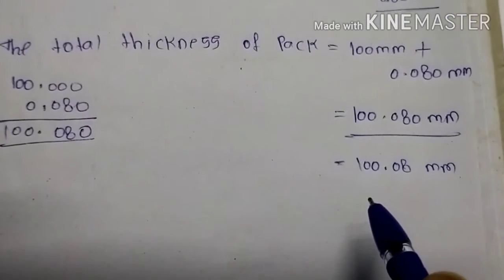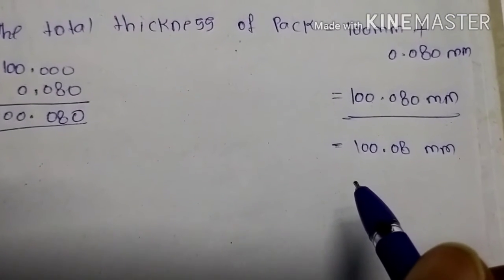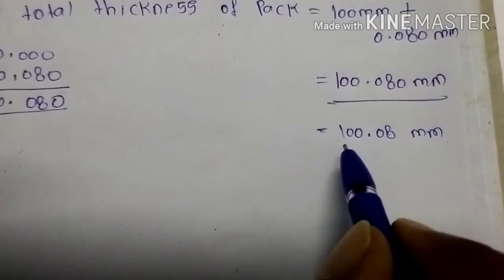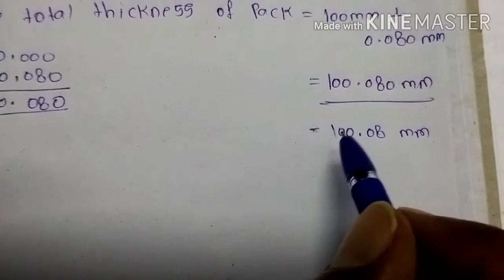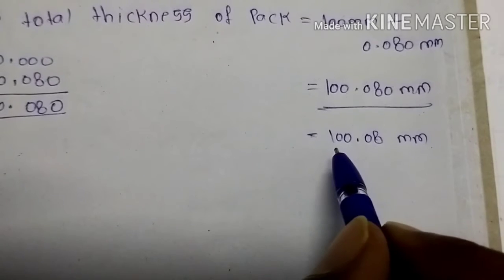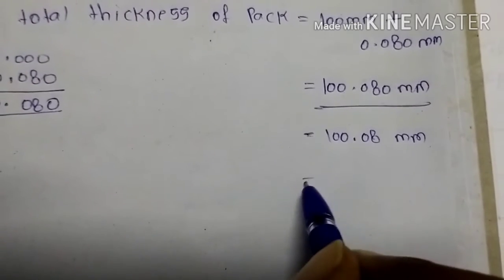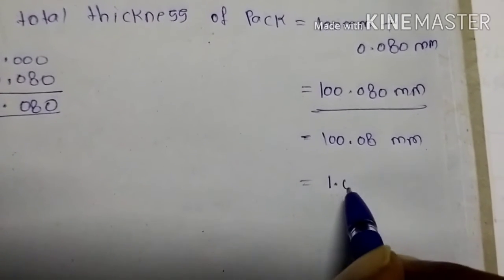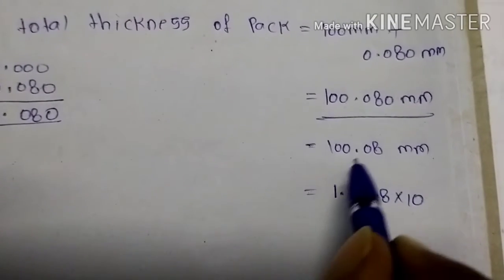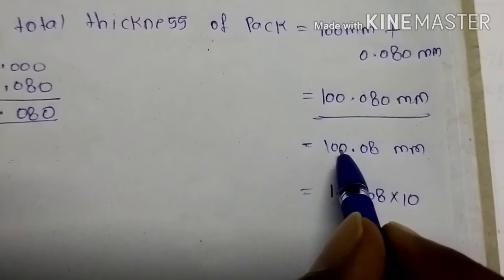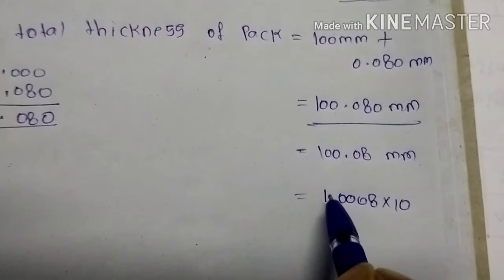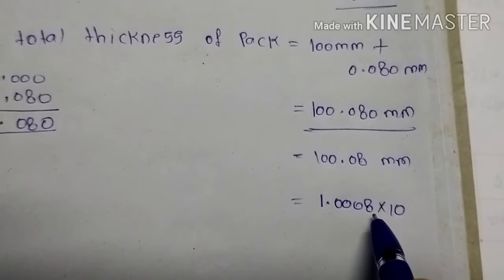See, in this exercise, we are writing each and every one in standard form. How can you express it in standard form? You know that a into 10 to the power n, that means a should be from 1 to 9. So I am writing 1.0008 into 10 to the power something. The decimal point moves to the left, yes. How many places? 1, 2. I wrote here 1.0008 only.